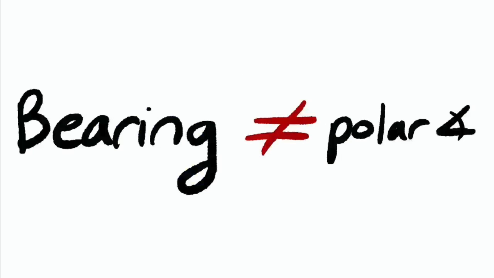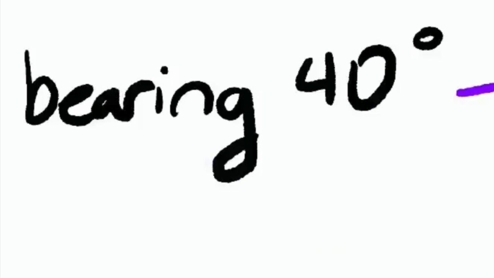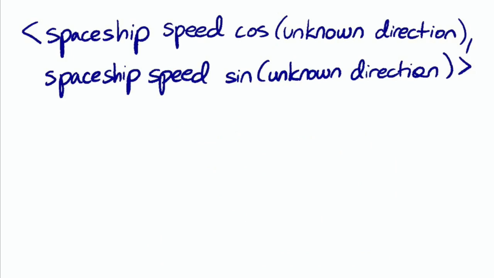But hey, don't forget that the bearing angle is different from the polar angle. In order to solve this equation, the astronomical force's direction must be expressed in polar angle. So then, we will convert 40 degrees with the formula 90 degrees minus bearing of theta, and the answer is 50 degrees. Now we'll use another formula.